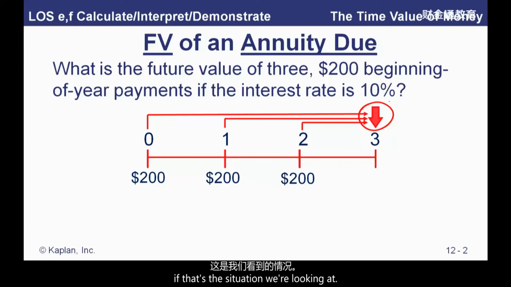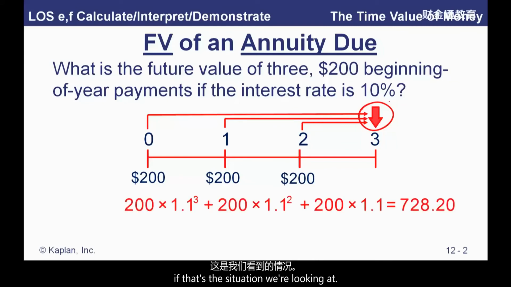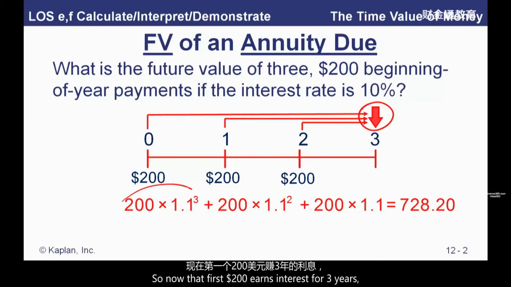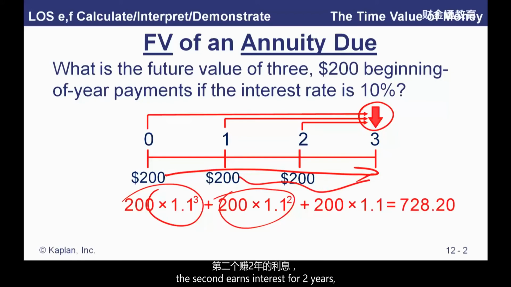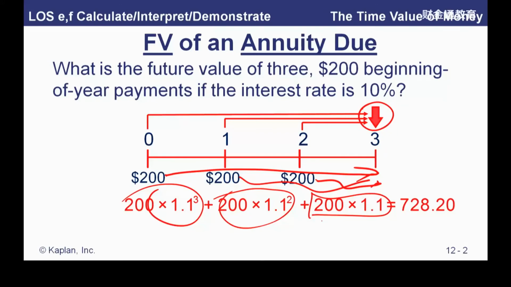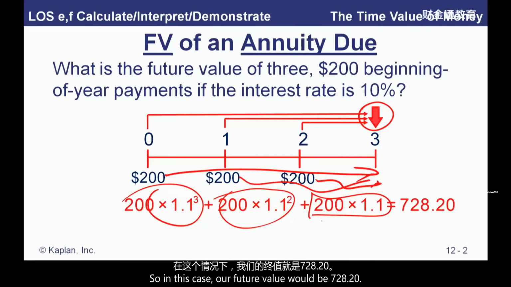So now that first $200 earns interest for 3 years, the second earns interest for 2 years, and the third earns interest for 1 year as well, and that's this term right here. So in this case, our future value would be $728.20.